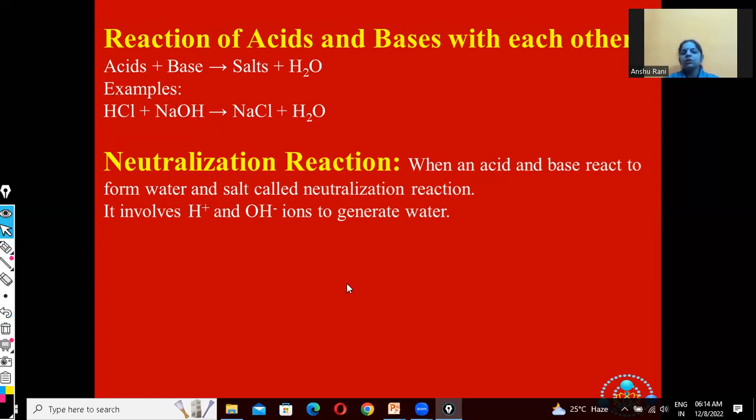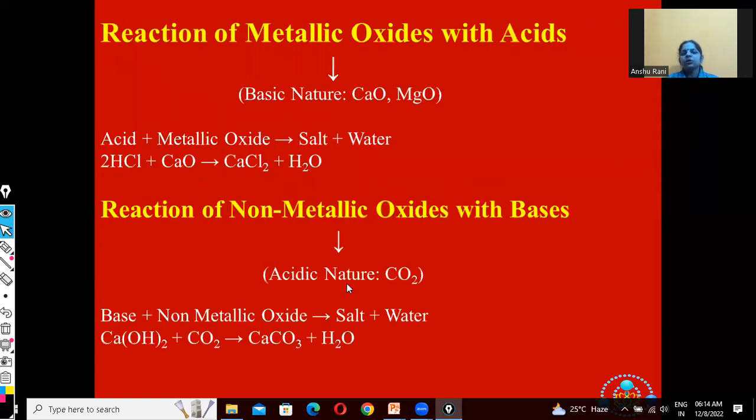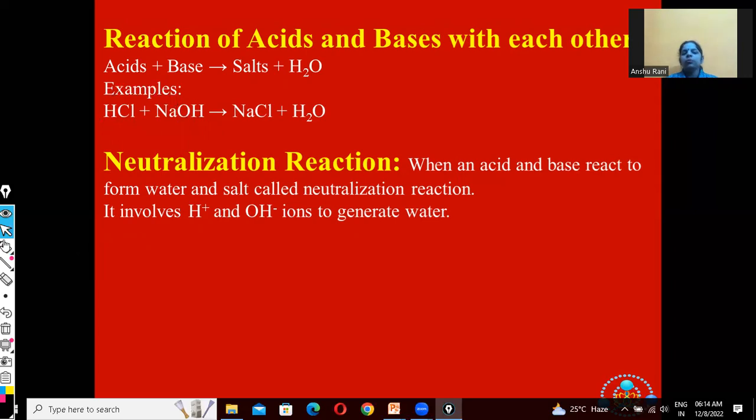For performing this neutralization activity, we can take 20 ml of the given acid in a test tube and add 2 drops of phenolphthalein. Phenolphthalein in acidic medium will be colorless, right? After that, start adding base drop by drop.